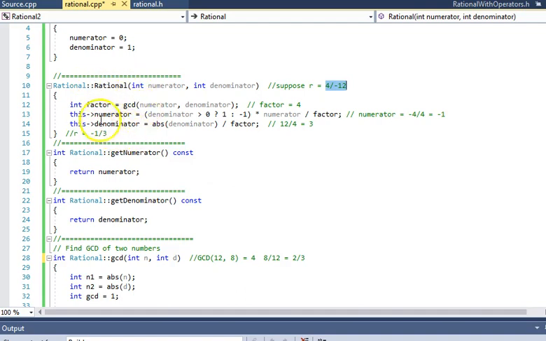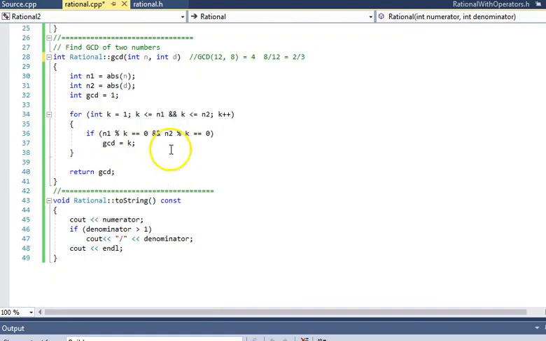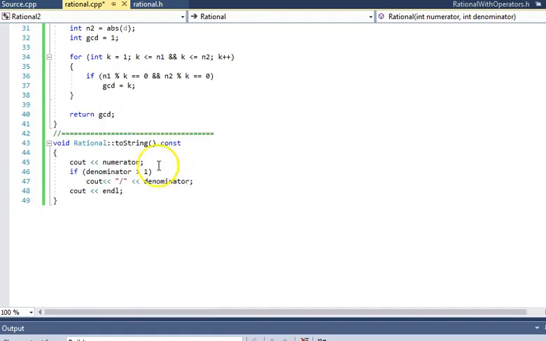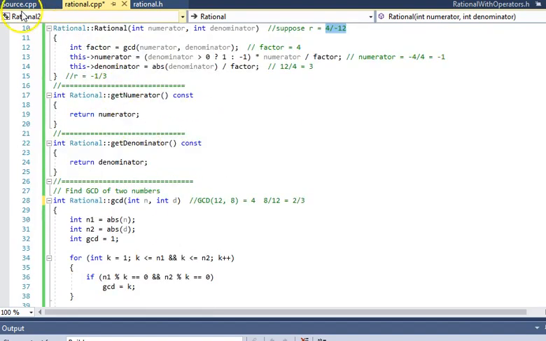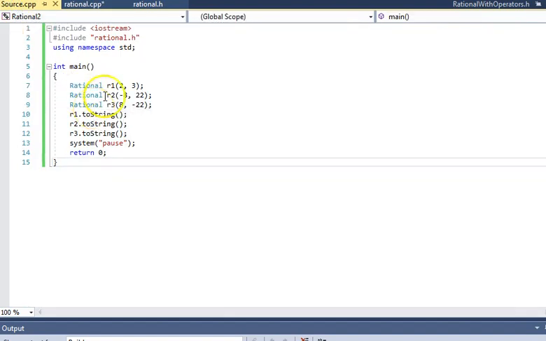So the fractions in this class are reduced, and also if the fraction is negative, the negative sign is attached to the numerator. These are the things to keep in mind. And then you have the toString function, basically prints the fraction.